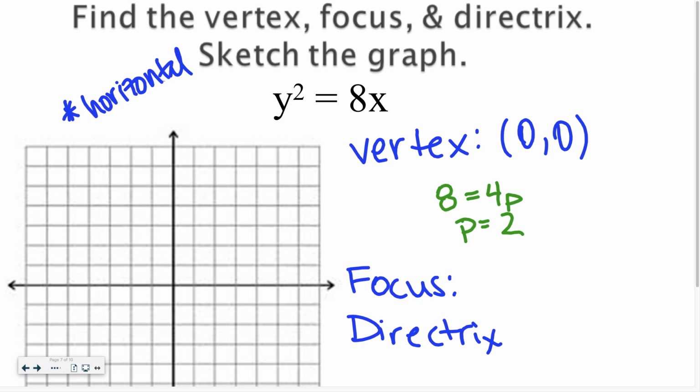I don't want you to look at that plus P minus P business that I had you write down. That was there more for reference. This is what I want you to think about. Plot your vertex at 0, 0.